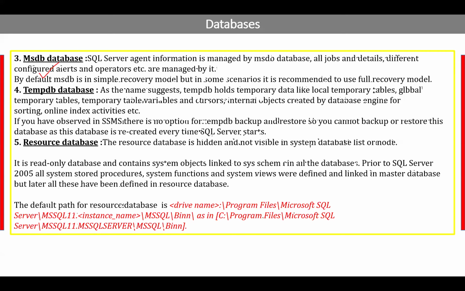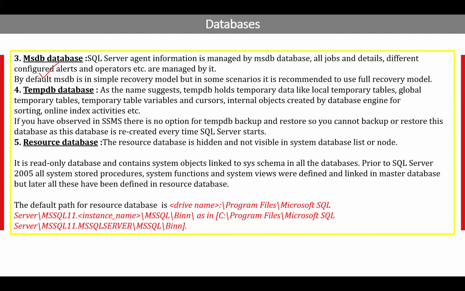We had only four system databases: master, model, MSDB, tempdb. Later on, in SQL Server 2005, Microsoft redesigned its code. Until SQL Server 2005, the background was a mixture of Sybase and SQL Server.